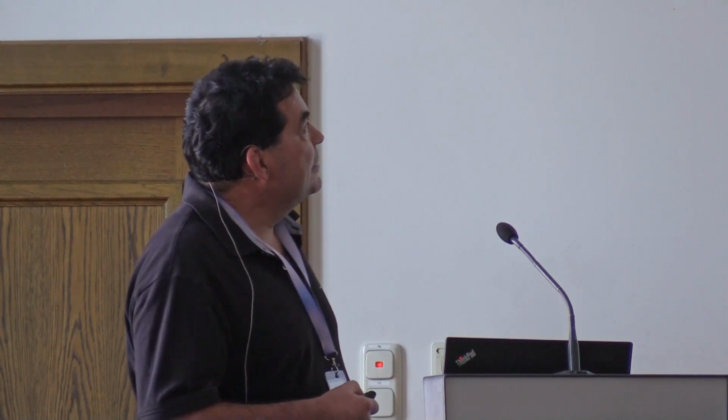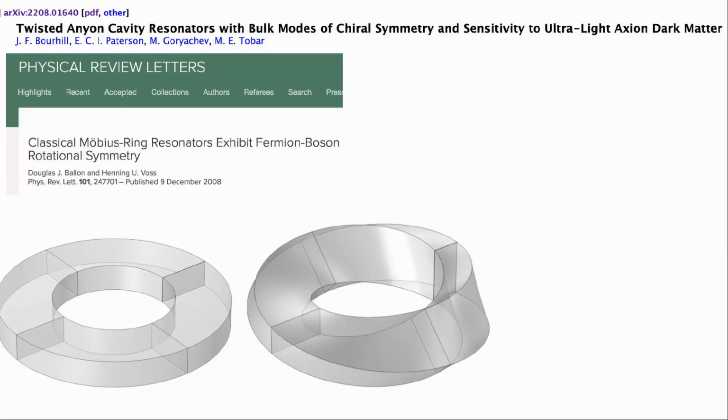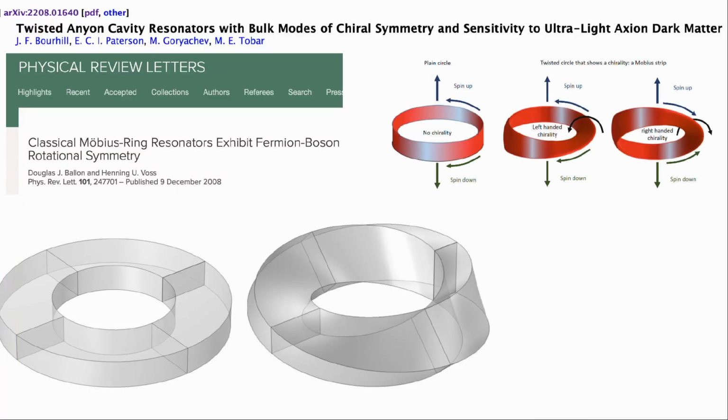So now I want to talk about this new resonator that we just put on the arXiv, this paper, and we have it submitted. We were interested in looking at more complicated symmetries of cavity resonators. So there's the classical Möbius ring resonator, and it exhibits fermion-to-boson rotational symmetry. If we go 180 degrees, a flip as we turn around, that is a fermion symmetry.